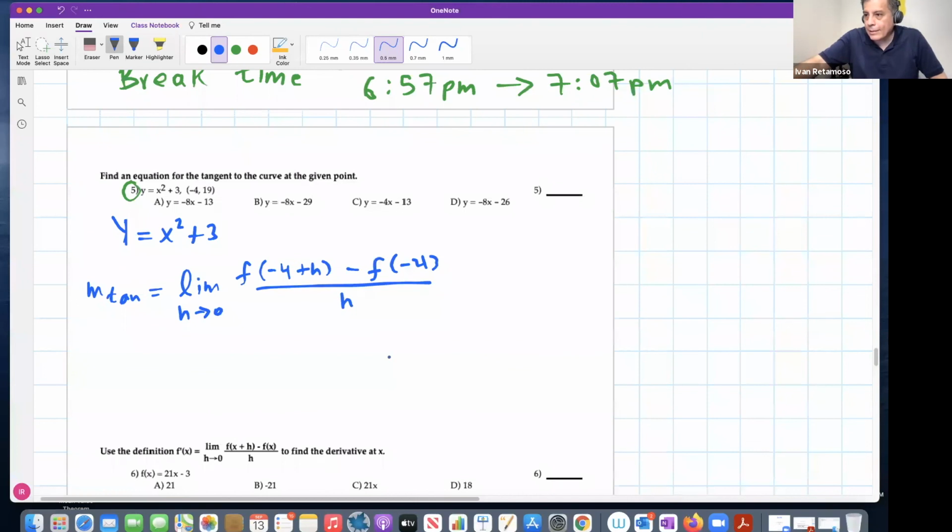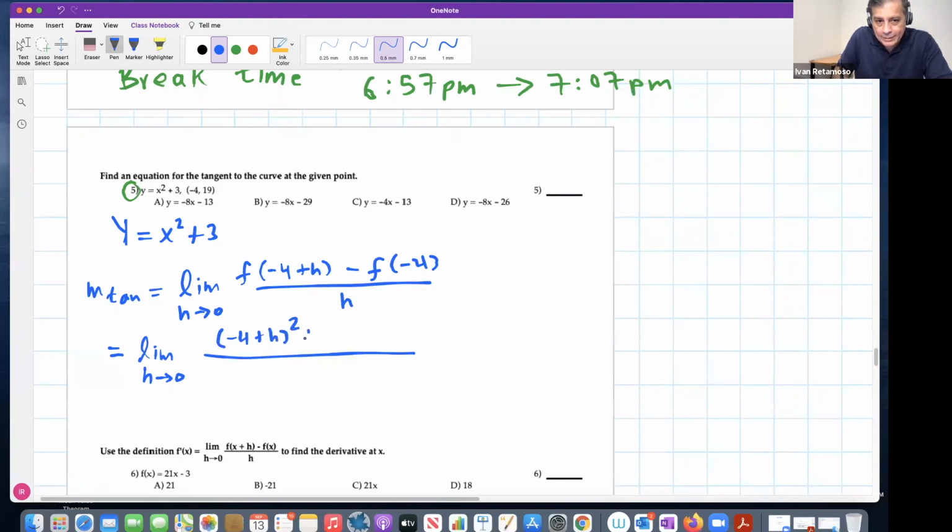This will help you in homework, because they will ask you to compute the derivative using the definition of limits. I'm going to write out the algebraic part. The limit as h approaches 0 of f evaluated at negative 4 plus h, which is (-4 + h) squared plus 3.